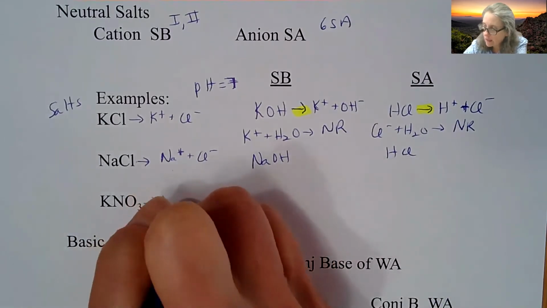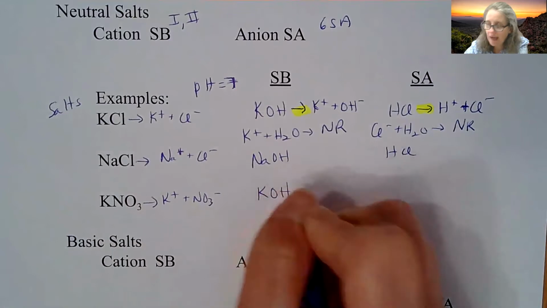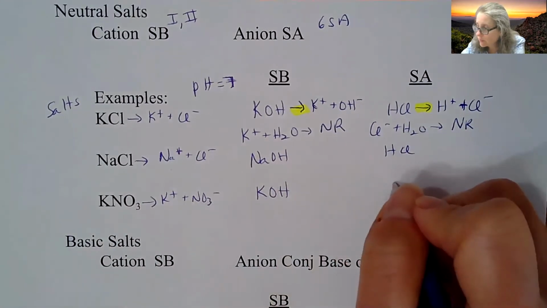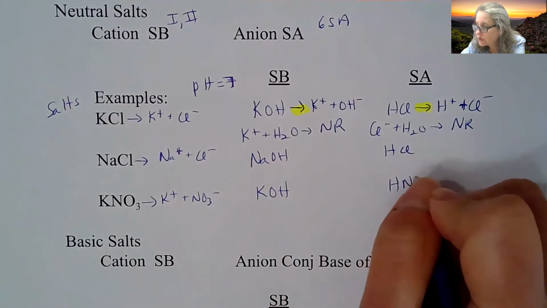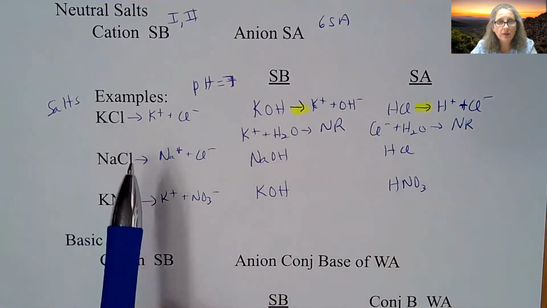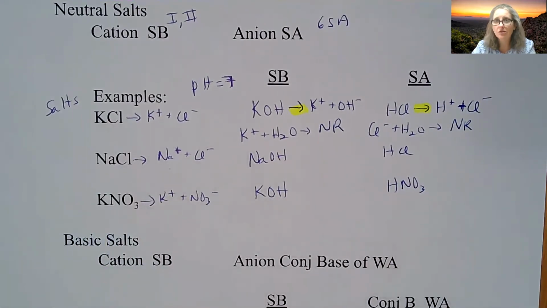KNO3: K plus and NO3 minus. This has come from potassium hydroxide. Where is the nitrate coming from? That's coming from nitric acid. So if you have a salt that is coming from a strong and strong component, you're going to say the pH is 7. It is neutral.